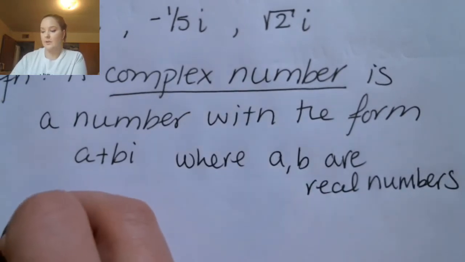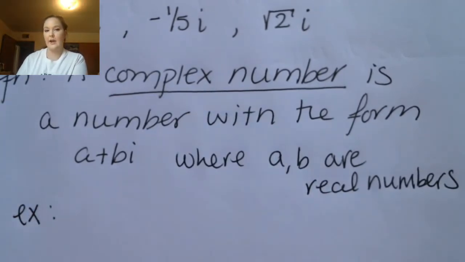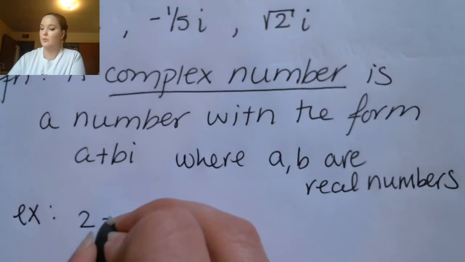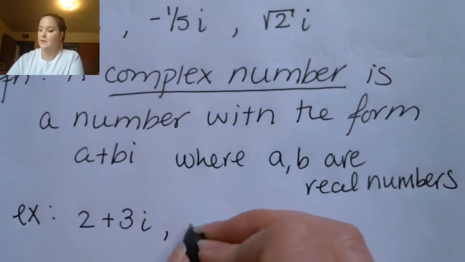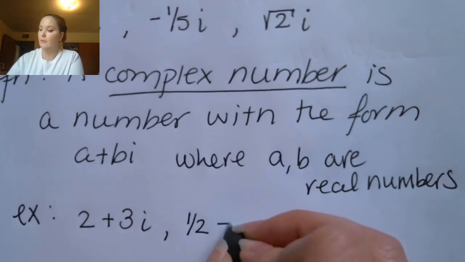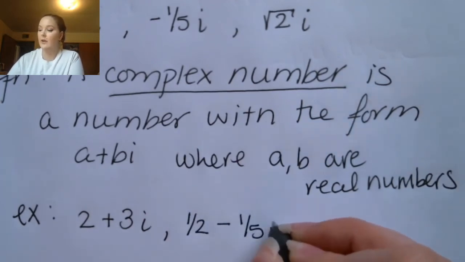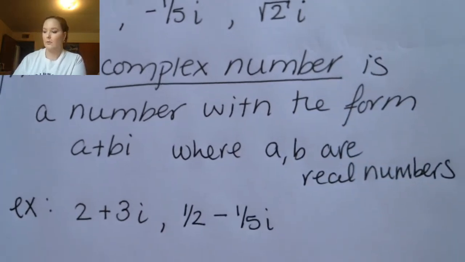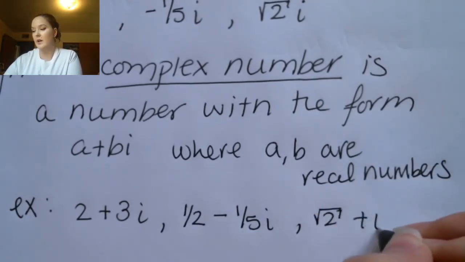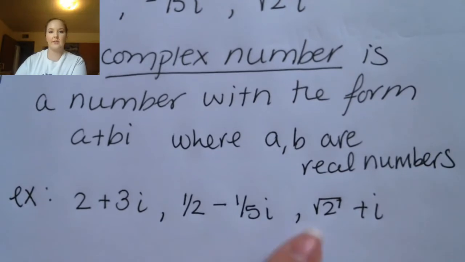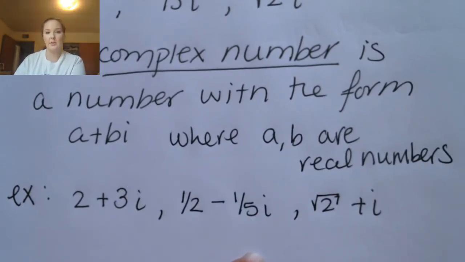So for example, we might have something like 2 plus 3i, okay? We might have something like 1/2 minus 1/5 i, okay? We might have something like √2 plus i, okay? These are all examples of complex numbers, okay?